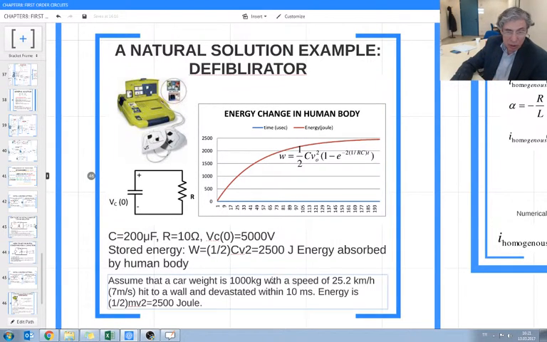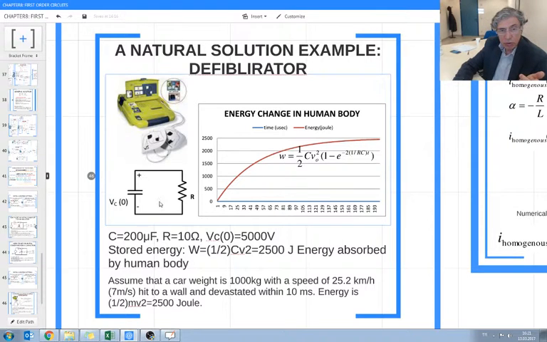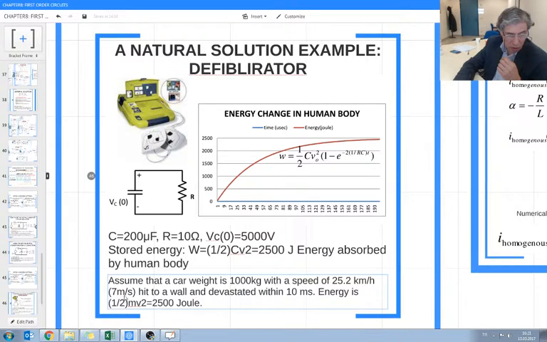What does energy mean here? If you use these numerical values, this is equal to a car of which weight is 100 kilograms. If this car hits a wall at 250 kilometers per hour and stops within 7 milliseconds, that is the energy that you transferred to the human body. That is a much longer time, isn't it?